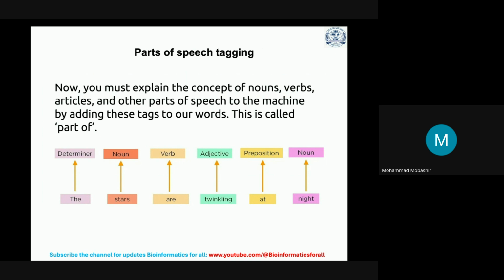For example, noun, pronoun, verb, adverb, and the way you can put them into a sentence. So you need to explain the concept of nouns, verbs, articles, and other parts of speech of the English language to the machine by adding tags to the words. And this is called part-of-speech tagging.